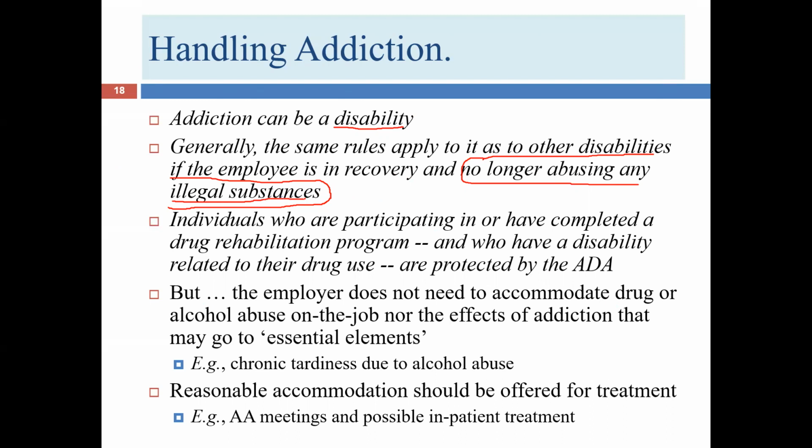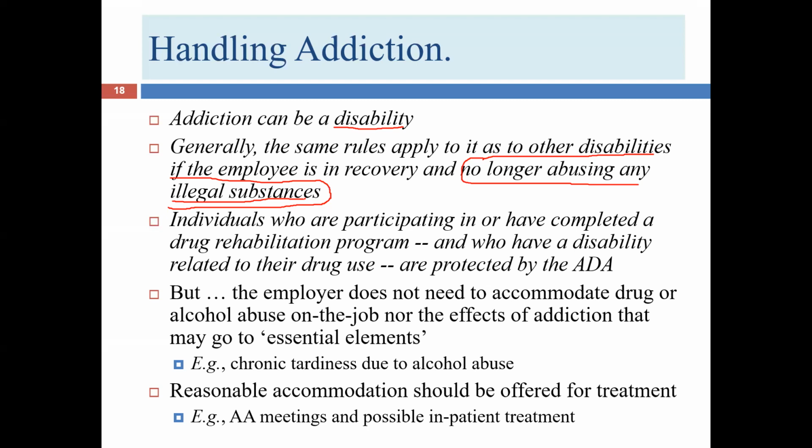But an employer never has to accommodate drug or alcohol abuse on the job. So, for example, if I am actively an alcoholic, but I have chronic tardiness because I can't get out of bed because I'm hungover, the employer isn't required to accommodate that.